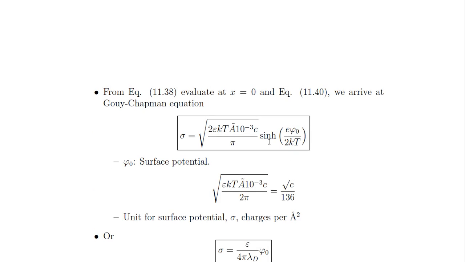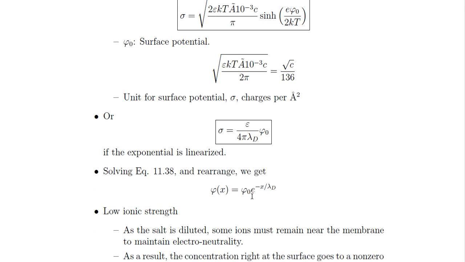So in 11.38, you can see that the total potential for that membrane is equal to this equation, minus x over lambda D, the initial electrical potential.